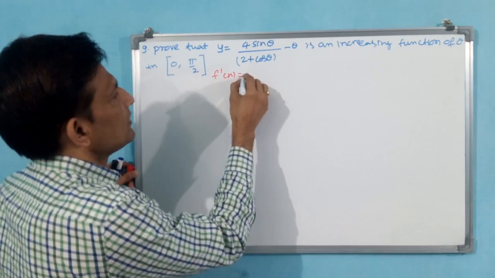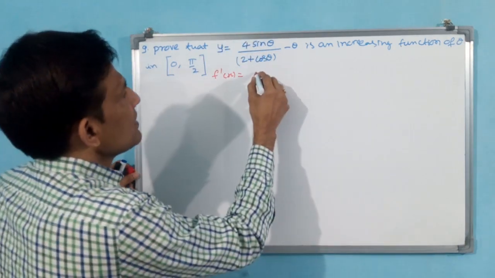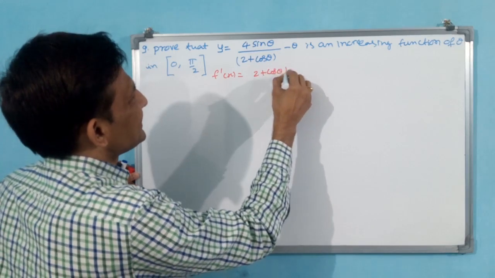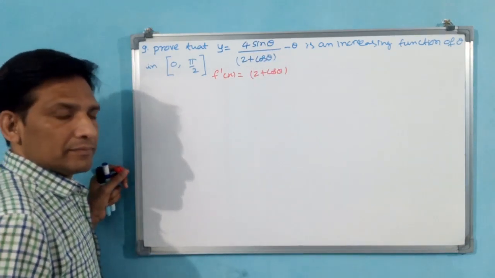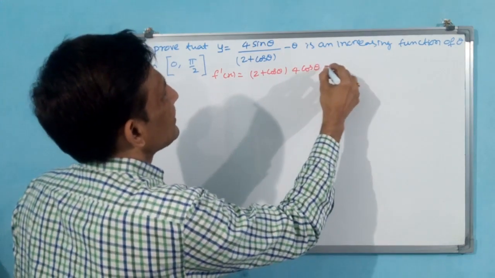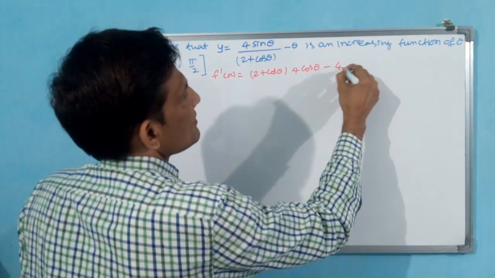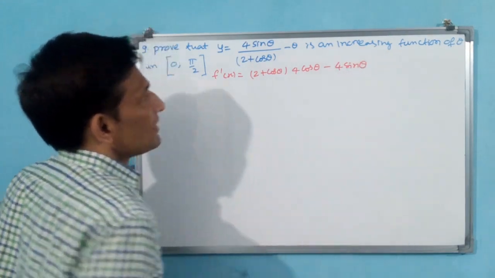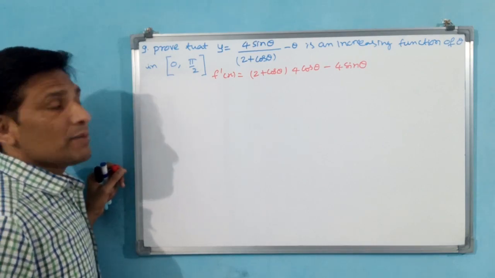F dash x is equal to, you see u by v form. v d by dx 4 sin theta, 4 cos theta minus u 4 sin theta d by dx 2 plus cos theta. See, d by dx 2 is d by d theta.